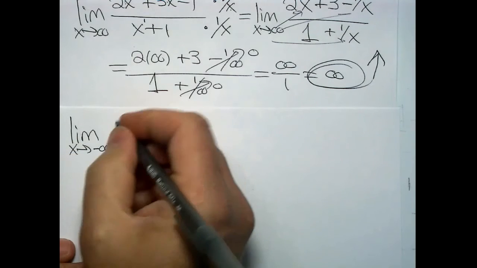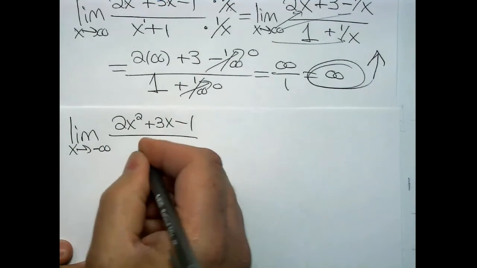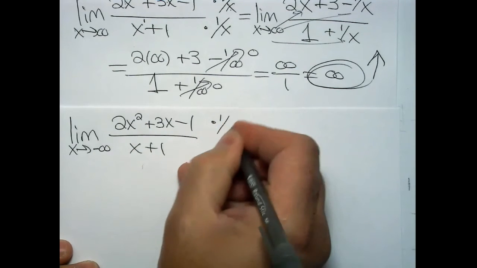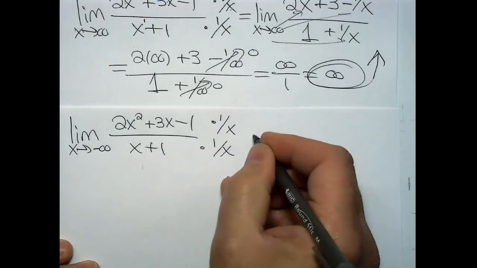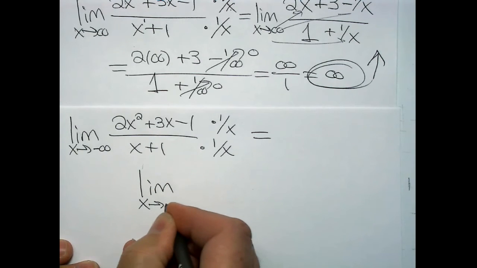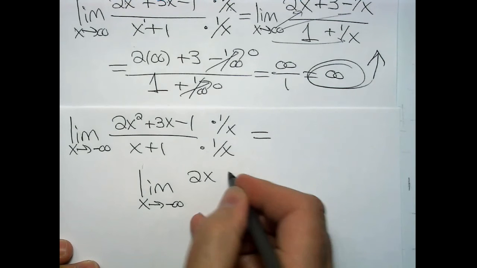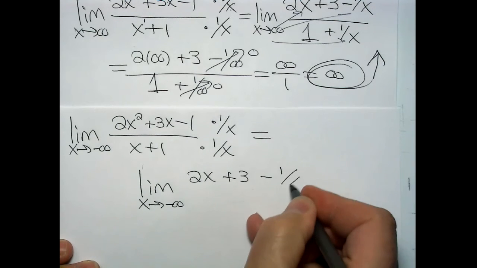Let's find out. We already know direct substitution will fail, so we're going to skip that step, and we are going to multiply by 1 over x. It's really the same as before. So it's the limit as x approaches negative infinity, 2x on top, plus 3 minus 1 over x.